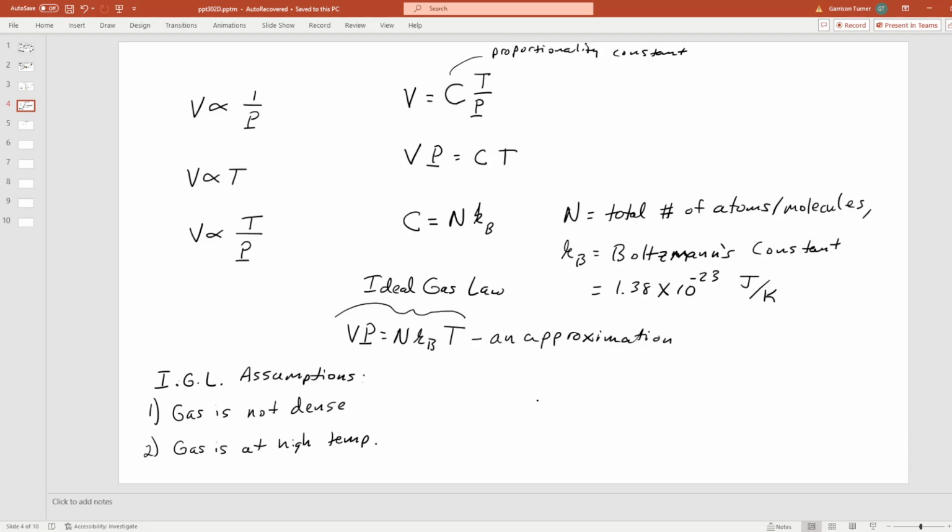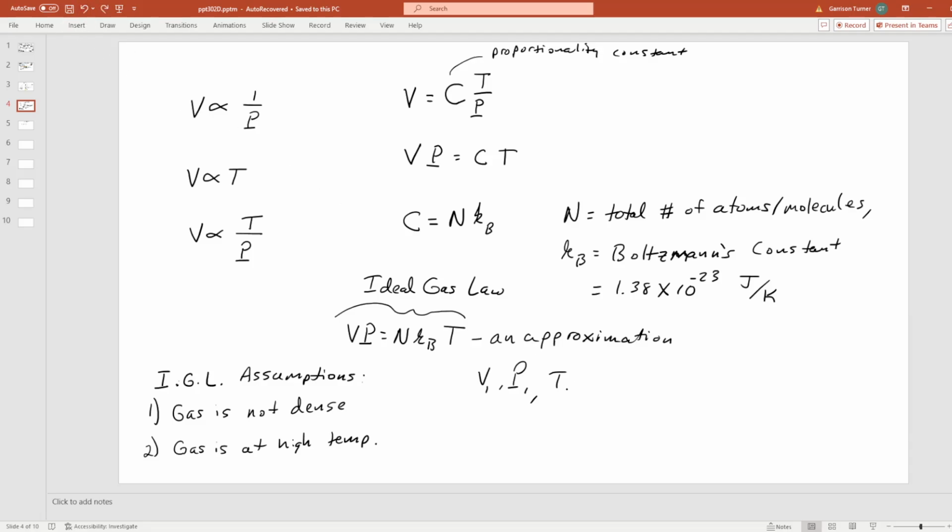If your gas can be modeled as an ideal gas, then if I change something like the temperature in the system, I would have an initial volume, an initial pressure, and an initial temperature.